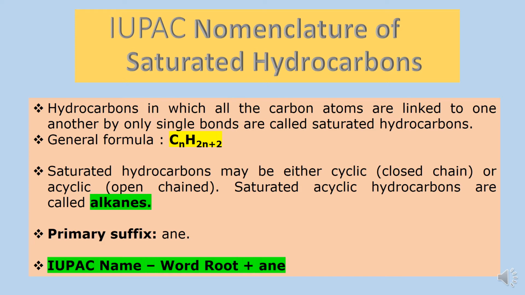The general formula for saturated hydrocarbons is CnH2n+2. Saturated hydrocarbons may be either cyclic or acyclic. All acyclic hydrocarbons are named as alkanes, and the name comes from adding the suffix "ane" to the word root.